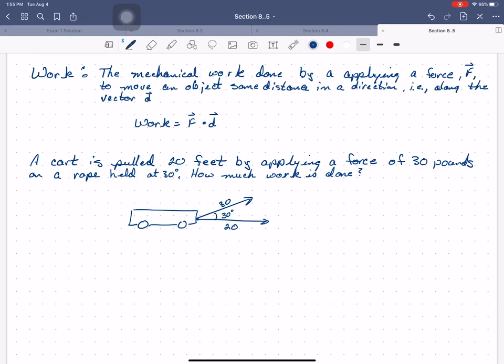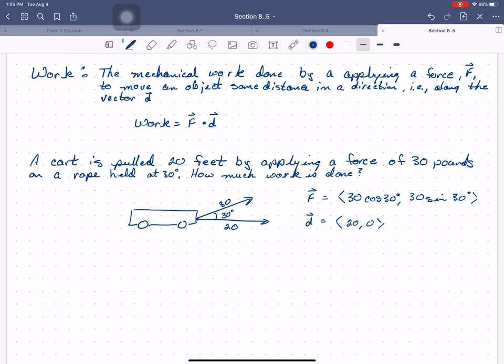So my force vector, if I put it in component form, is 30 times the cosine of 30 degrees, comma 30 times the sine of 30 degrees. My distance vector is 20, 0.